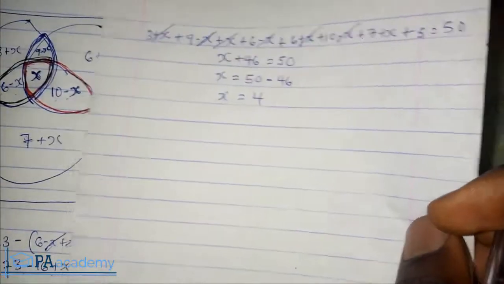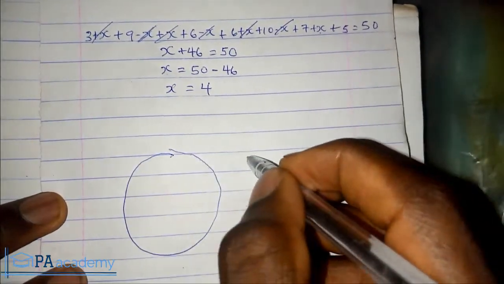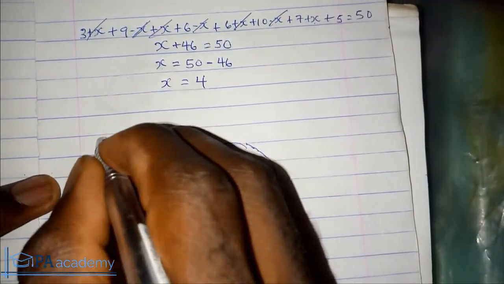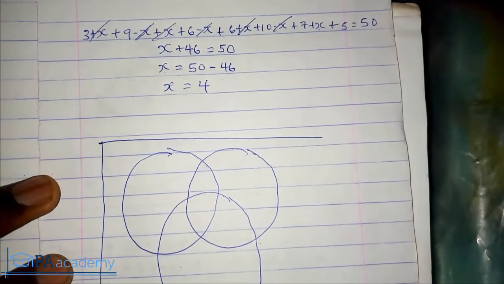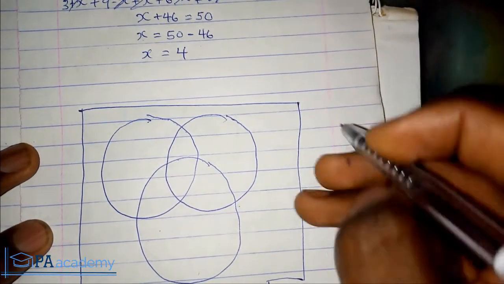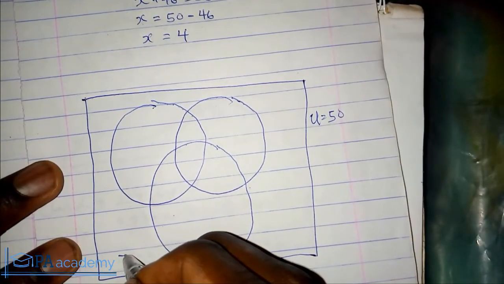So let me draw the diagram again. Our universal set is 50. Then that 5 studied none of the 3 subjects.